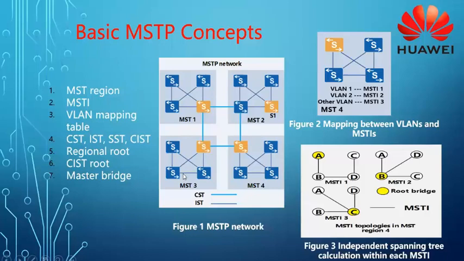So inside the MST instance, we use the internal spanning tree between the ports of this switch. And between MST instances, we use the common spanning tree for selecting root ports.